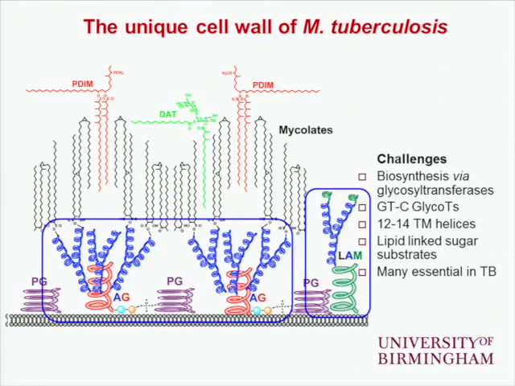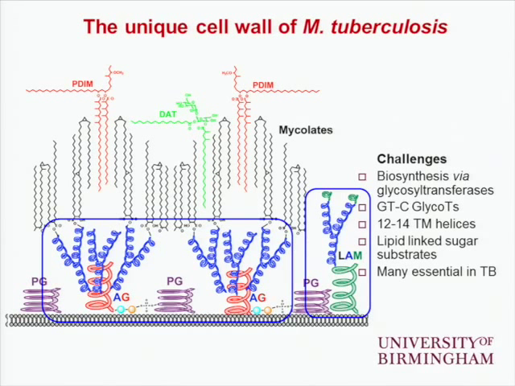So really, one of the challenges for us was to try to unravel the biosynthesis of these glycoconjugates. And this is quite challenging for a number of reasons. A lot of the enzymes involved in the synthesis of these 2 molecules tend to belong to a family of glycosyltransferases, which are referred to as the GT-C glycosyltransferase families.